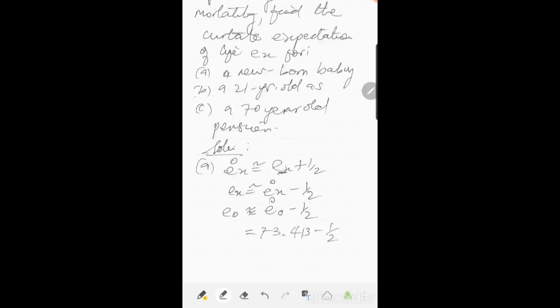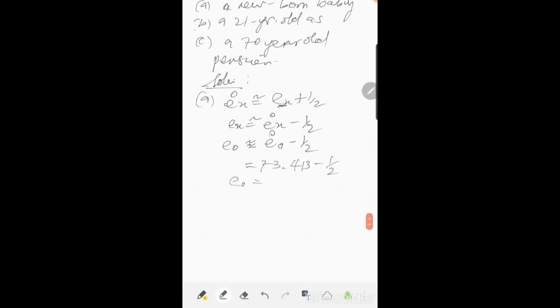Then if you calculate this, you get E0. So you can find that. You do the same for B and C.